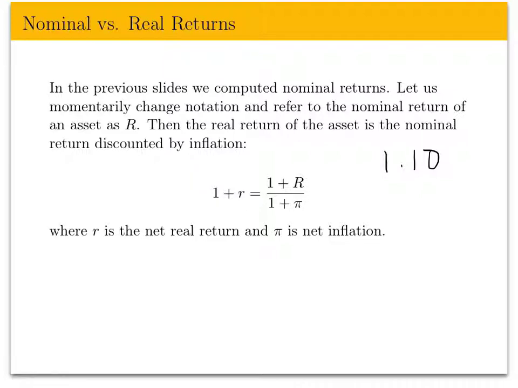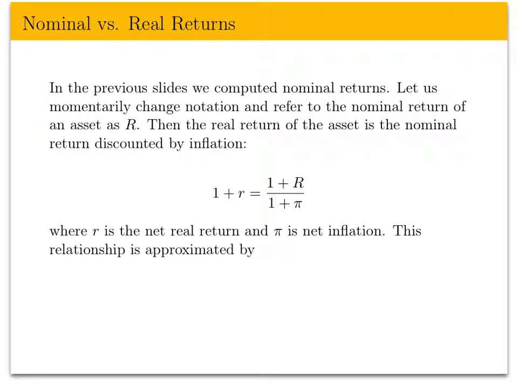But let's say that inflation, all prices increased by 2% over the year. Then I don't really have 10 extra cents for every dollar, but I need to discount each $1.10 by 1.02, since I lost 2% of the value of each dollar earned. And the result then is the left-hand side, which is the gross real rate of return, where r is the net real rate of return.